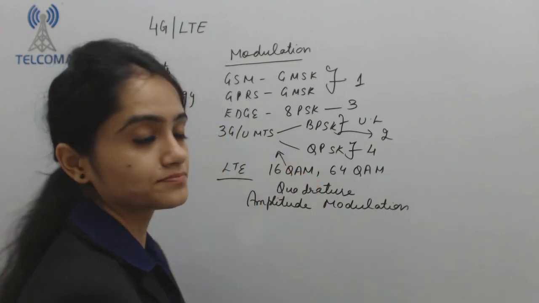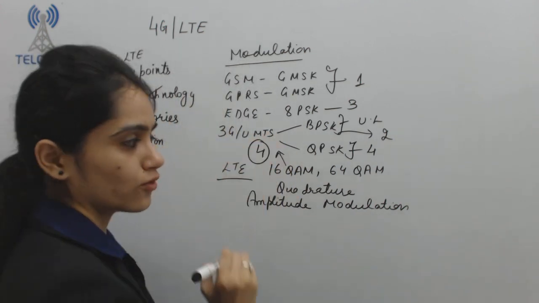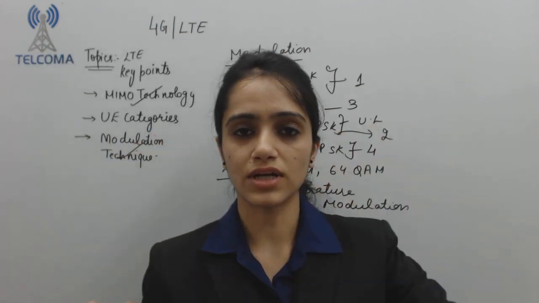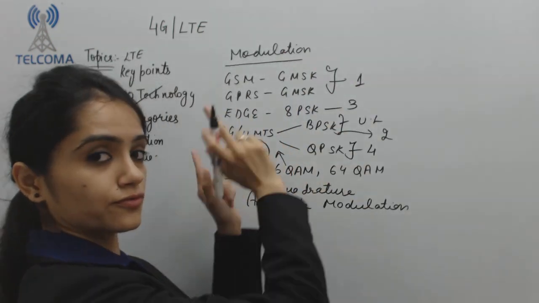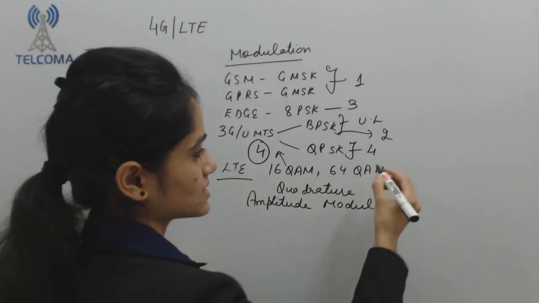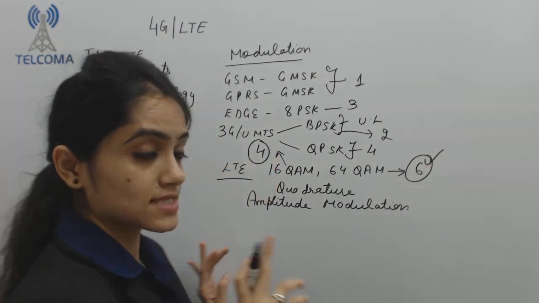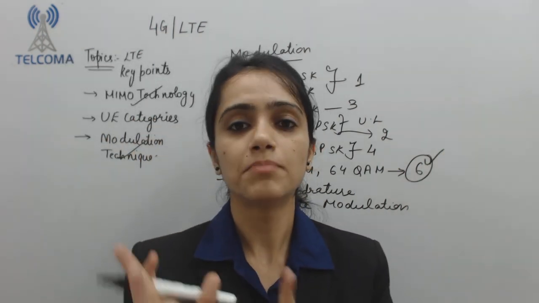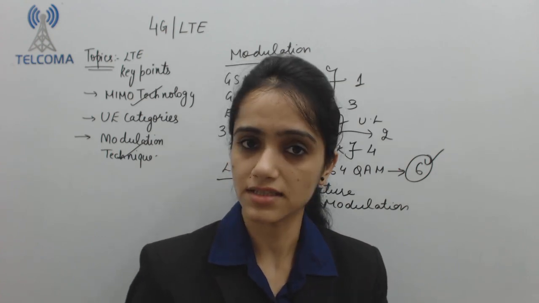This QAM has a capacity to modulate 4 bits at a time, but quadrature, at an angle of 90 degrees. That means 4, 4, 4, 4 per 360 degrees. Now this 64 QAM is the highest, which is modulating 6 bits at a time, but quadrilaterally, that means again at an angle of 90 degrees.